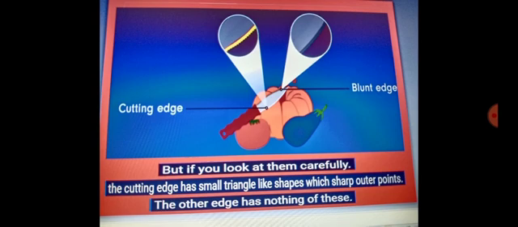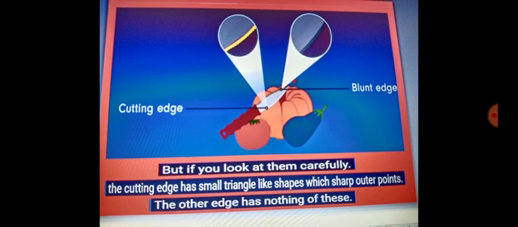So this pointed teeth-like structure reduces the area of contact of the knife on the surface of the object or vegetable which has to be cut, and thus greater pressure will be applied on the object, whether it is fruit or vegetable or whatever else. Then because of the greater pressure, it will easily be cut.